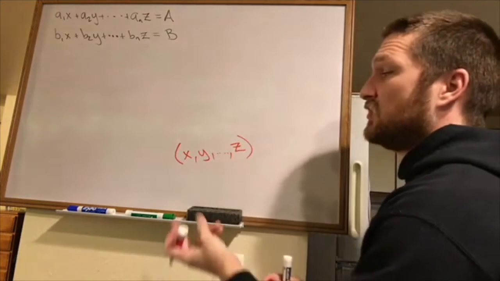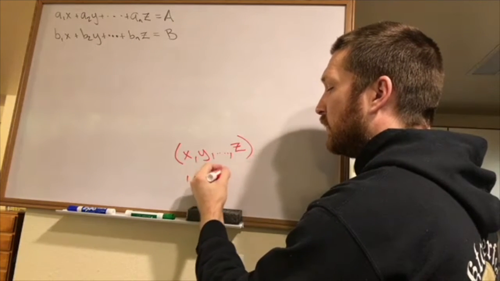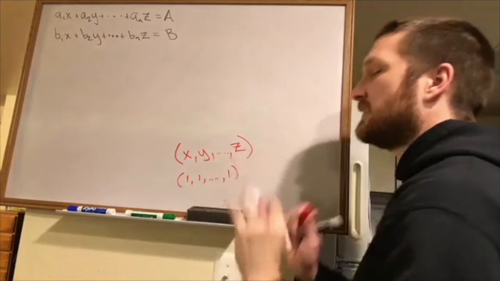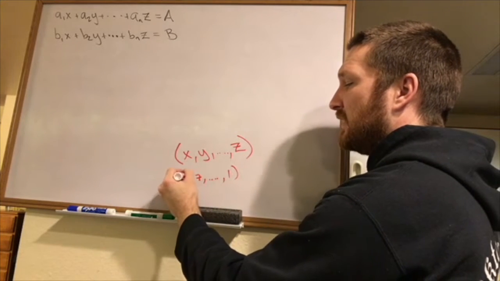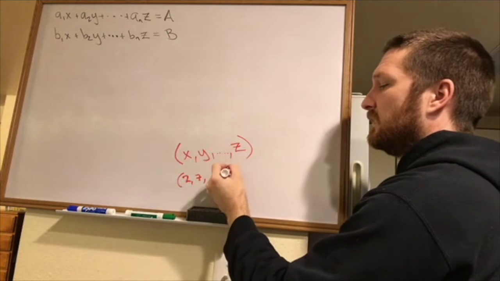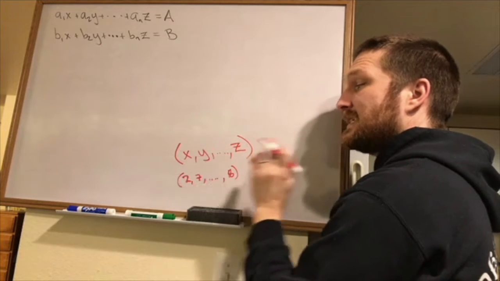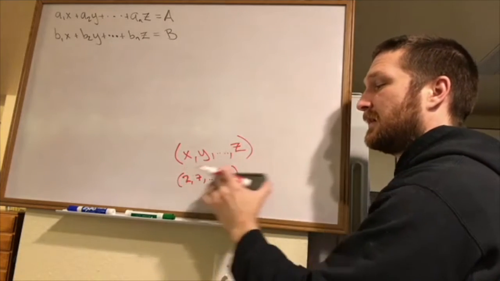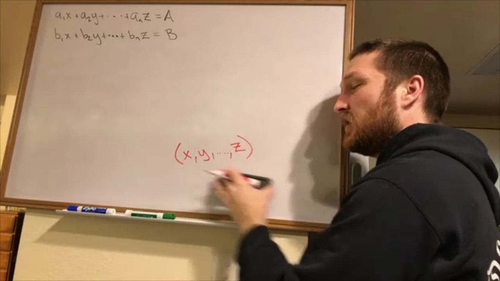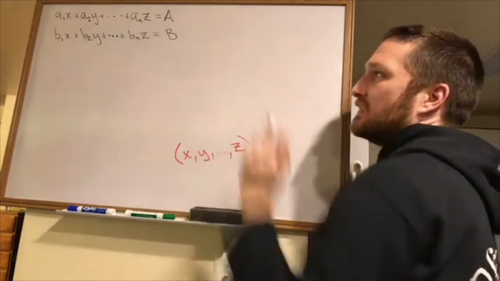So maybe it's just 1, 1, and ones all the way to 1, and it happens to intersect there. Maybe it's a 7 and a 2, 7, 8, blah, blah, blah. Remember, this is the special point where these guys intersect. I should say it is one of the special points where these guys intersect.